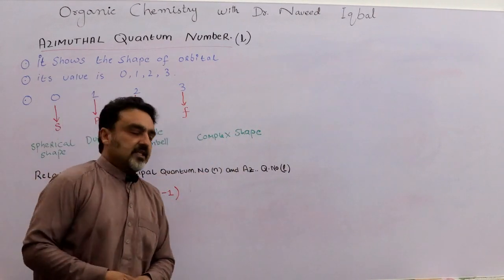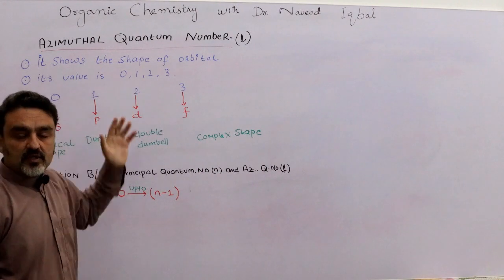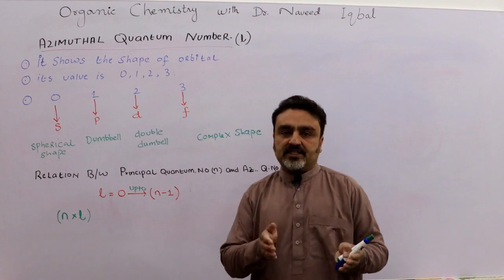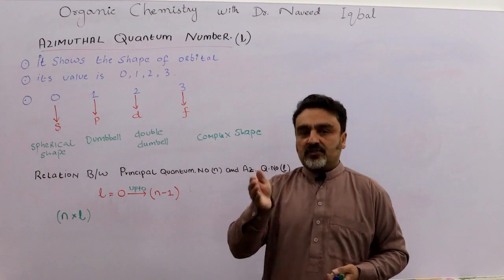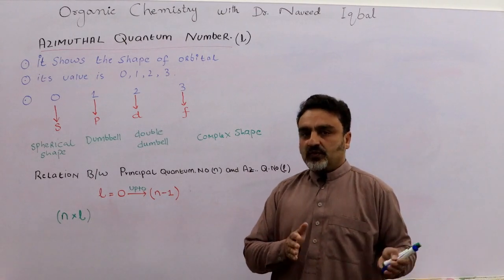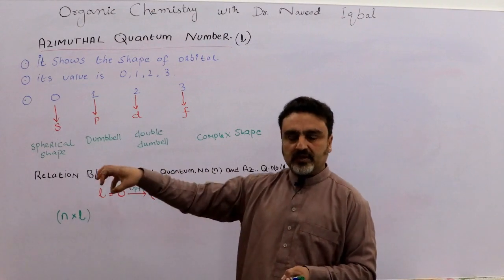Now let me tell you how the azimuthal quantum number relates to the principal quantum number. Just like when you want to find a person in a city, you first find the name of the city, then go to the street.